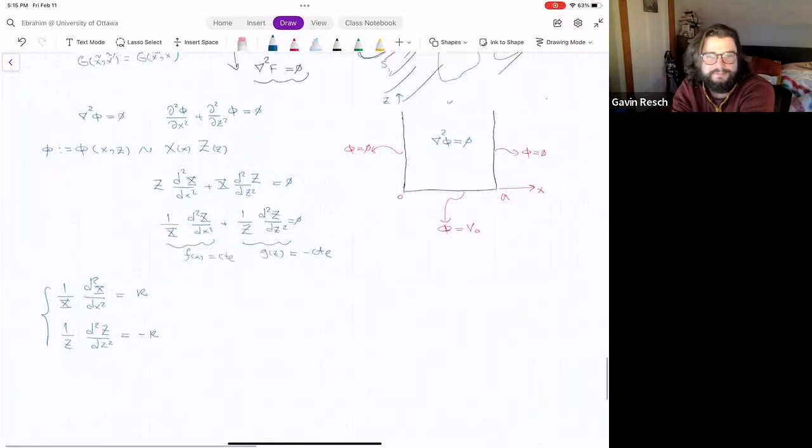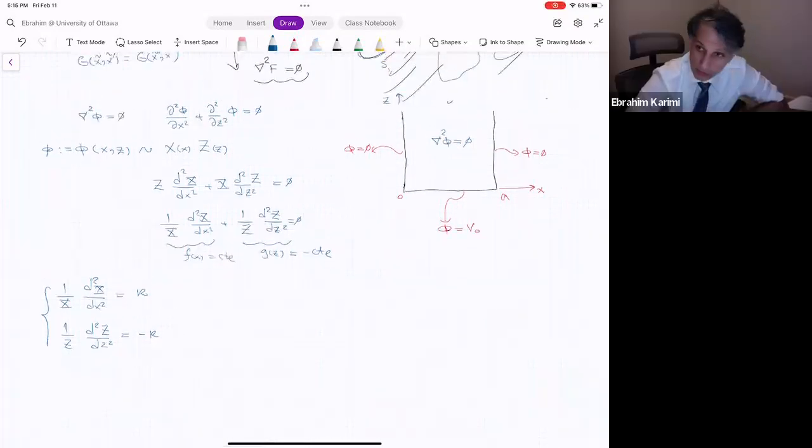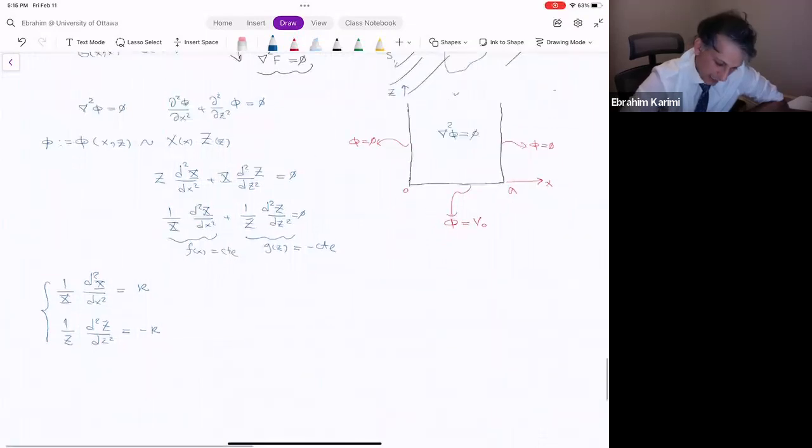So along x, the potential is 0 at x equal to 0, and at x equal to a, the potential still is 0. All right.